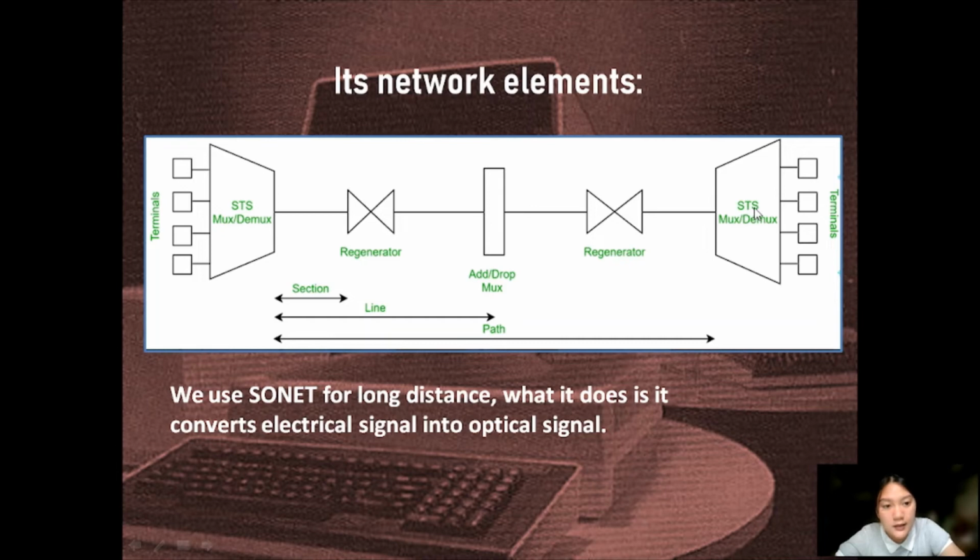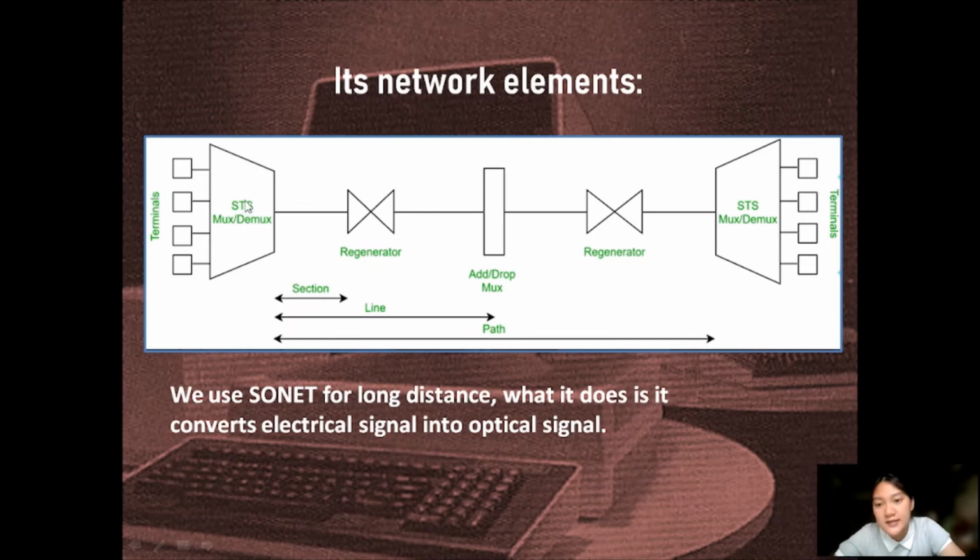And lastly, the STS demultiplexer. The synchronous transport signal demultiplexer demultiplexes the signal, and it does the opposite of the MUX process. So now it is from optical to electrical signal. And again, this section is a portion of the network that is connecting two neighboring devices.